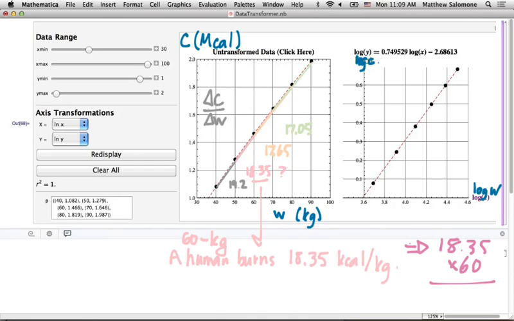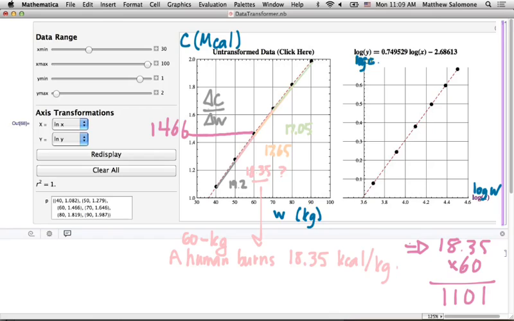Let's find what that is for a second here. 18.35 times 60, 1,101 kilocalories. And yet, that's not what's shown in the data. In the data, the 60 kilogram human was burning 1,466 kilocalories. So we need something to make this sentence a little bit more accurate.